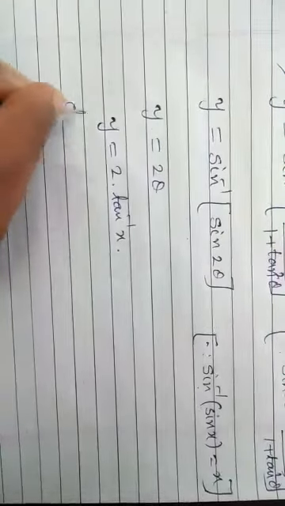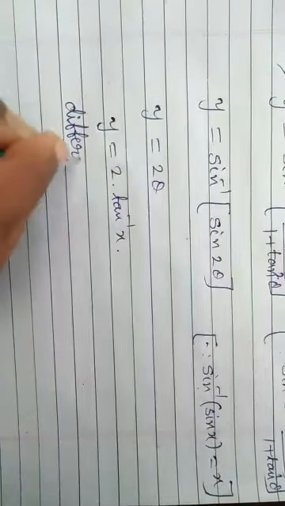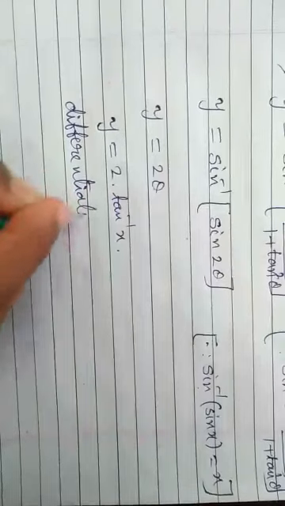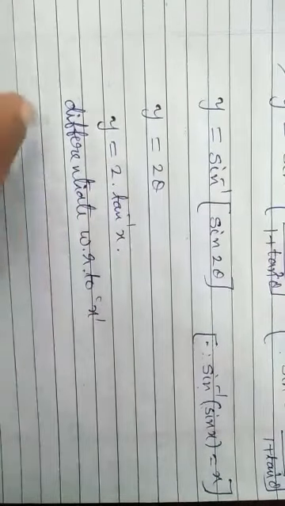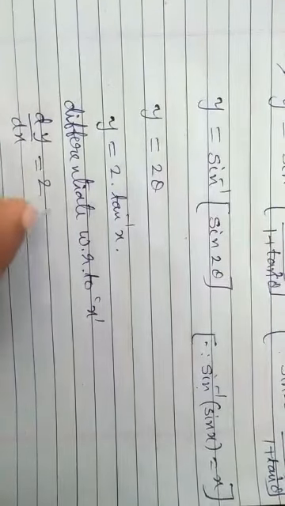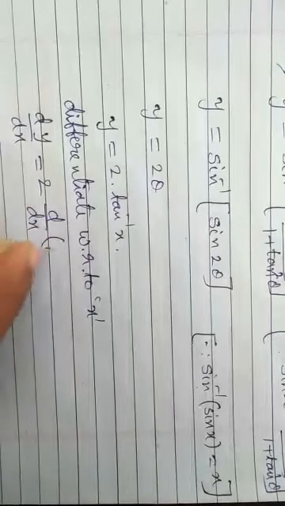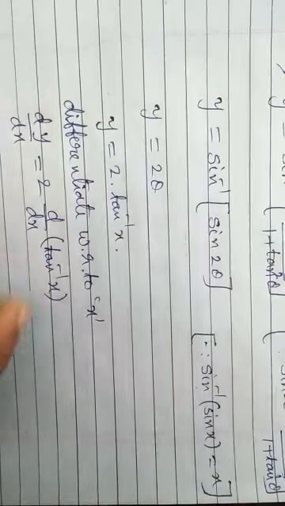Now differentiate with respect to x. dy by dx is equal to 2 into d by dx of tan inverse x.